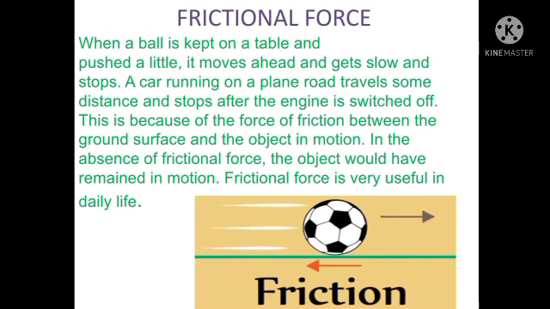And also, if friction were not created between the car and the road, the car would not have stopped moving. It would keep running and running. So, in the absence of friction, the object would have remained in motion. It would not have stopped. Why does the ball stop moving? Because friction is created between the ball and the table.